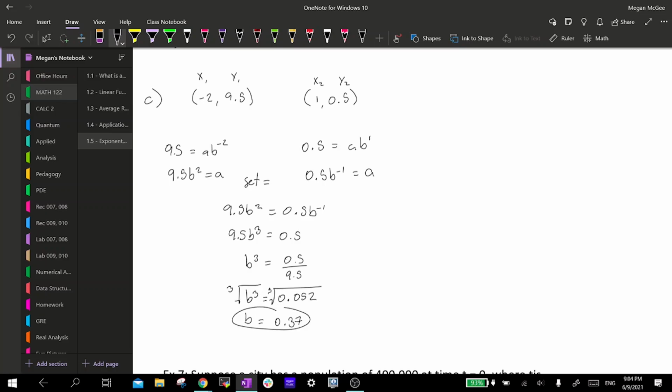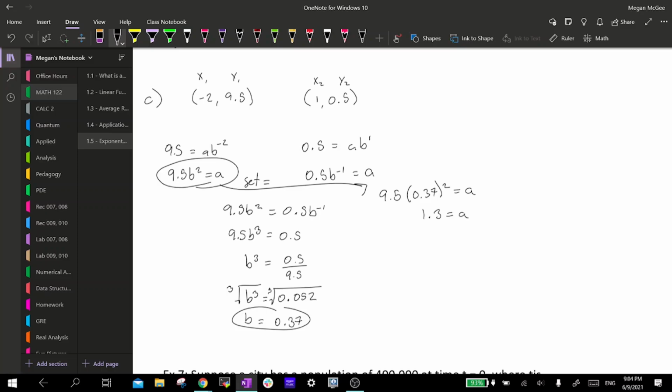All right, so we found b, but remember we had a in terms of b over here. So we still need to calculate a real quick. I'll come over here. So now we have 9.5 times 0.37 squared is equal to a. And so we get that a is equal to 1.3.